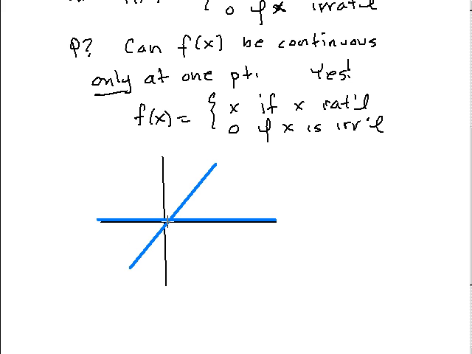They don't literally cross because 0 is rational, not irrational, but the two graphs come arbitrarily close at the point x equals 0. So f of 0 equals 0 is the only point of continuity for this particular function. And f is continuous at 0.